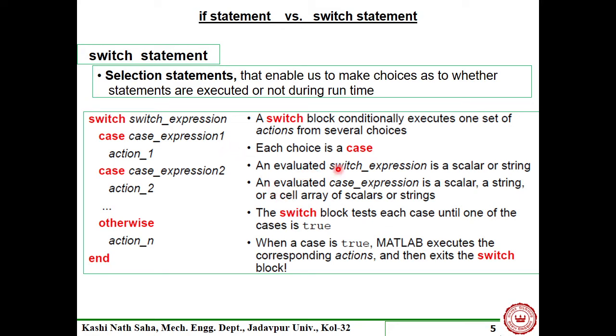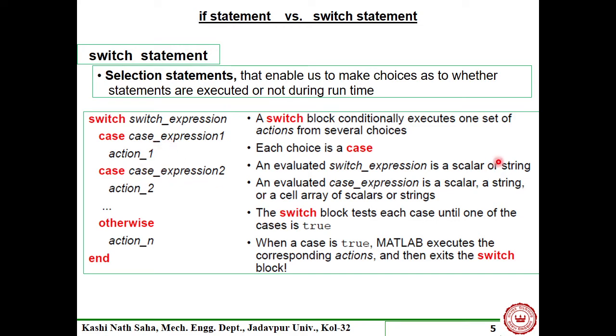So this is important. Here you see the evaluated switch expression is a scalar, or it can be a string. Might be the name of a person or something like that. It's a string variable or a scalar. Scalar means 1, 2, 3, 4, some value. Usually integer values are used here.